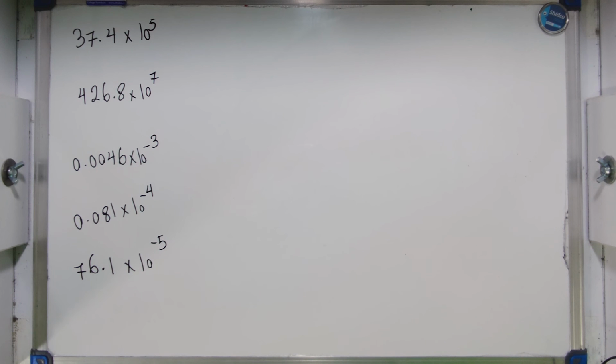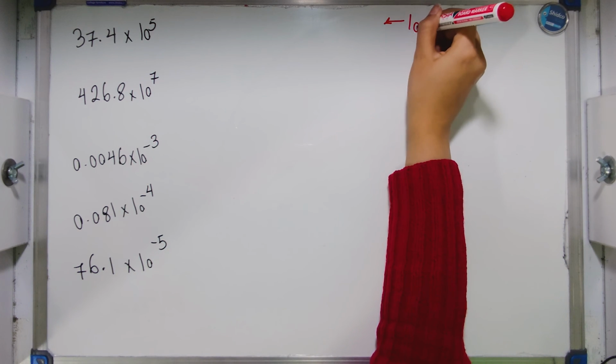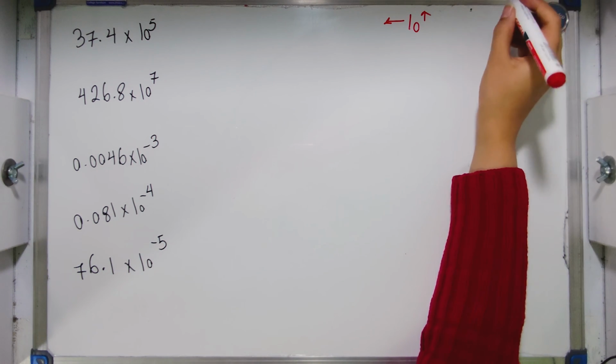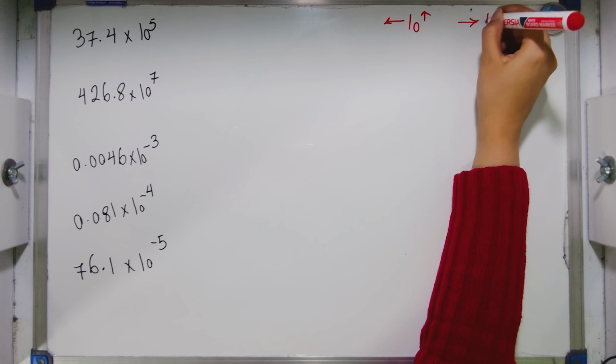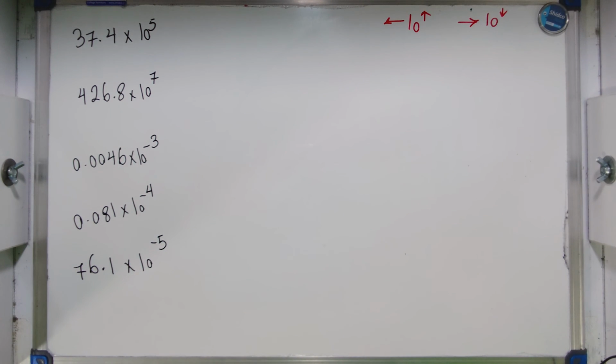So, remember this rule: if you are moving the decimal to the left, the power of 10 increases. If you are moving the decimal to the right, the power of 10 decreases. So, let's check it.